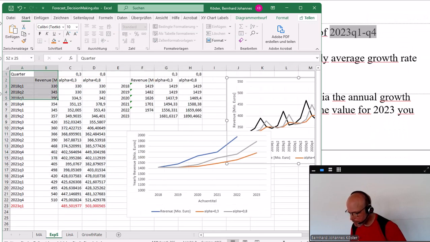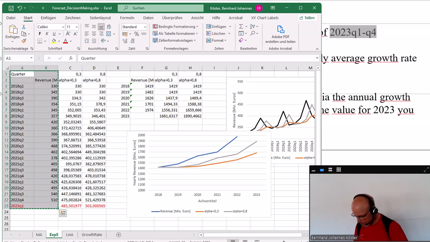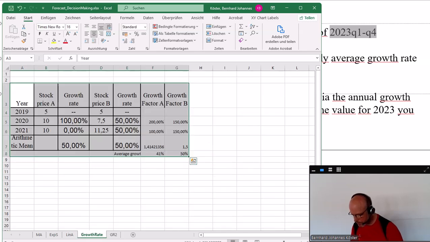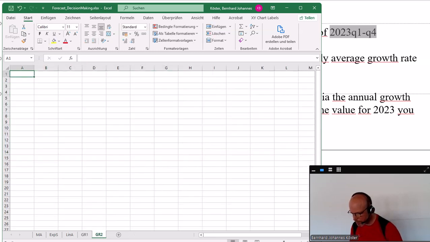Okay, then let's do this. This is growth rate 2. Let's say this is growth rate 1.